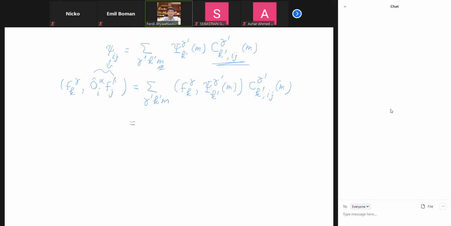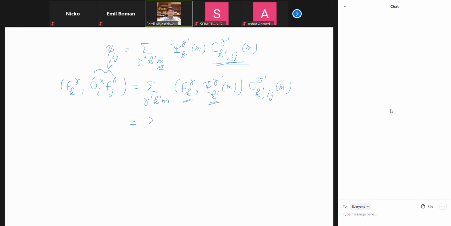We can now use the fact that if I have two functions which belong to two different irreducible representations, then they are orthogonal. So when we sum over gamma and gamma prime and k prime, it picks up the value of gamma prime equal to gamma and k prime equal to k.